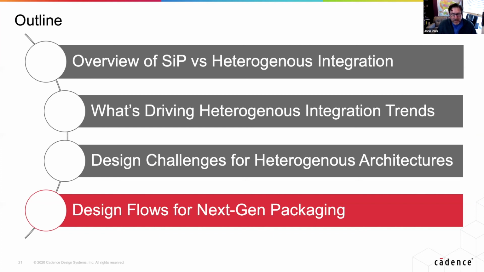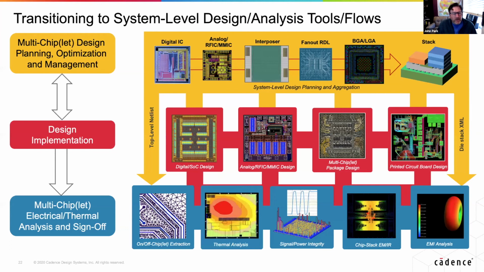We're going to finish up with talking about some design flows. So here at Cadence, just as a reference, we break these types of heterogeneously integrated 3D stacking flows into 3 tiers: a planning and optimization tier, and then leveraging the tool that makes the most sense for the implementation, whether it's a digital chiplet, an analog RF, even MMIC can be handled in the flow.